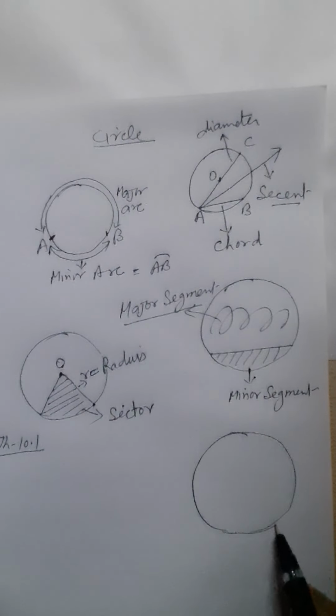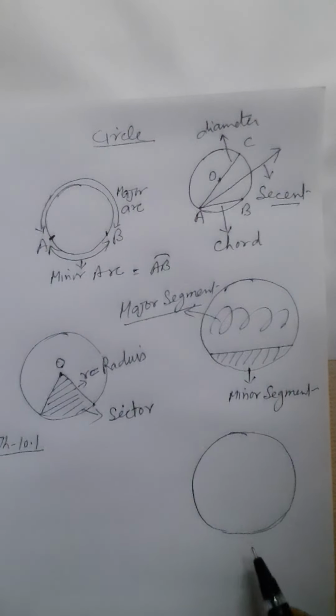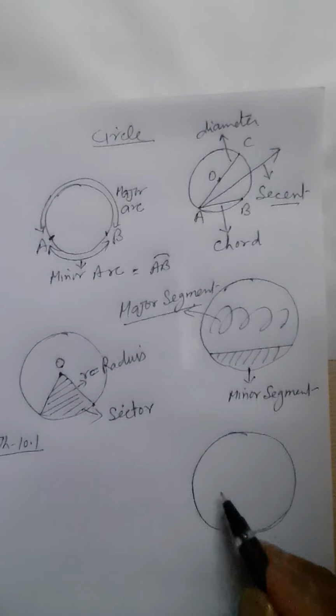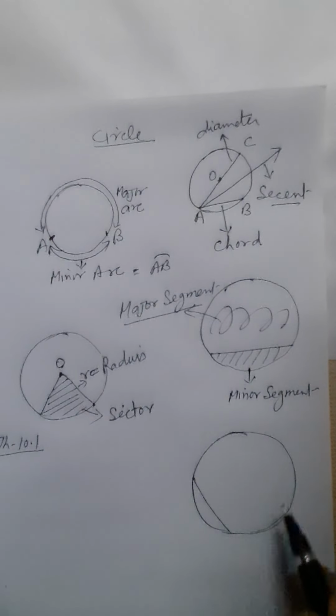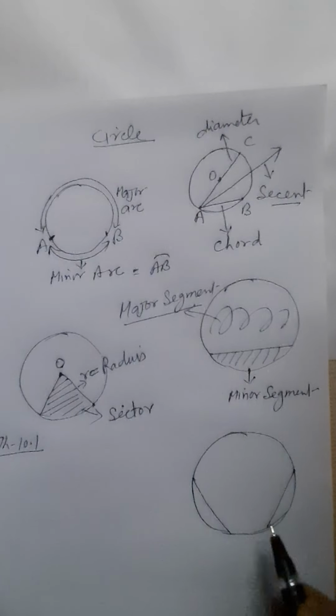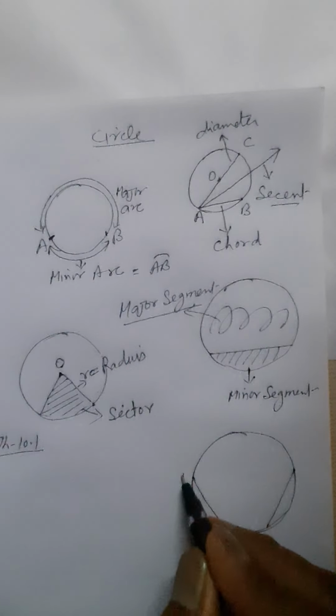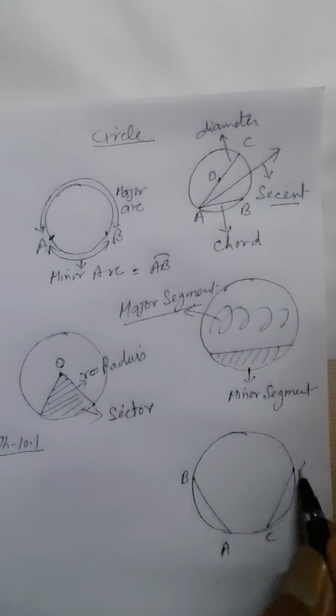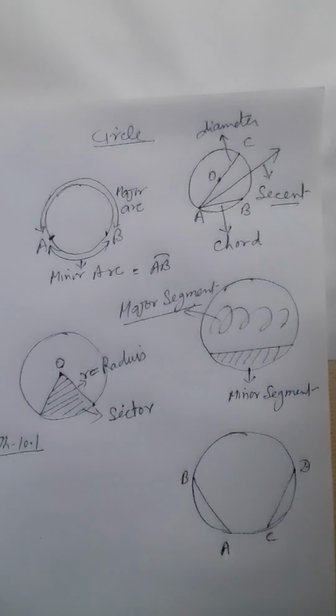Circle is given. Equal chords are given. AB and CD are two equal chords. Subtend equal angle at the center.